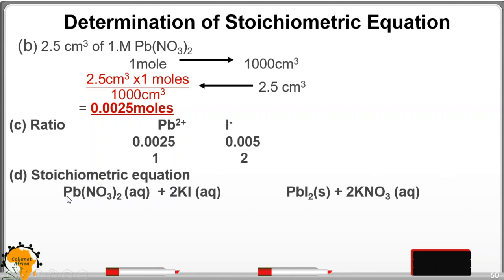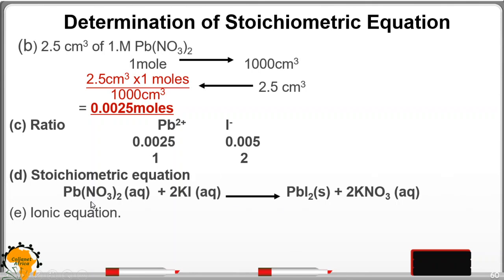So lead nitrate plus potassium iodide will produce lead iodide and potassium nitrate. In this case, the lead will be 1, the iodide will be 2 to form the lead iodide.